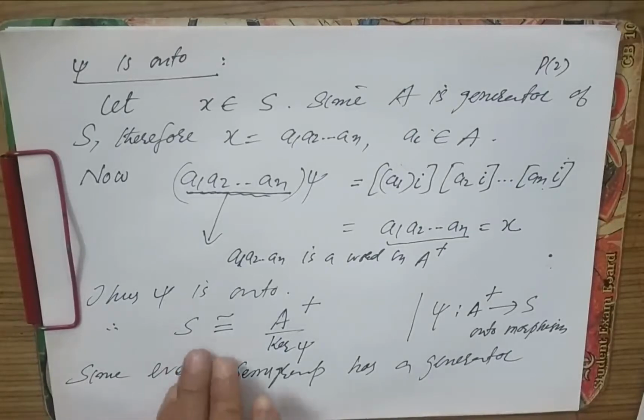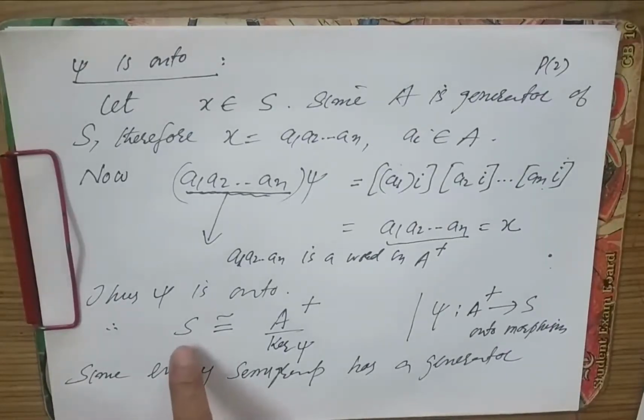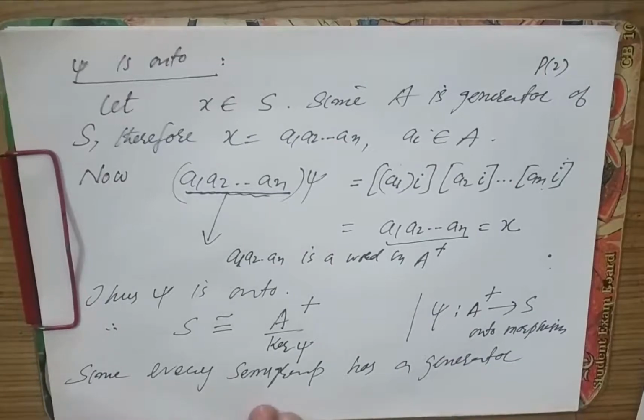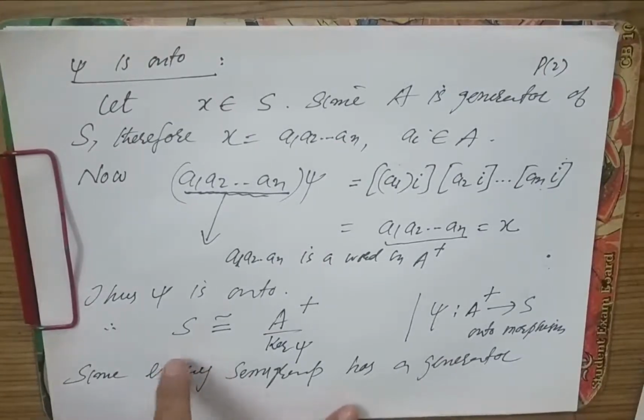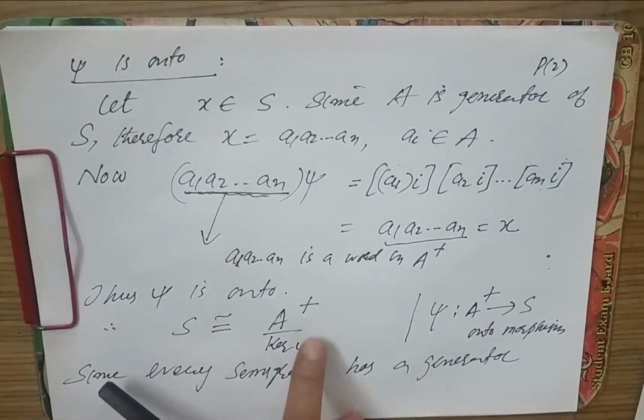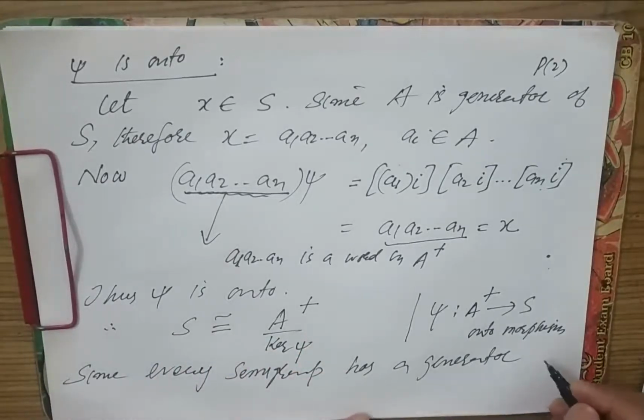You can treat S as a generator of S also, if every proper subset of S is not a generator of S, then S is itself a generator of S. So I can say every semigroup has a generator. Whenever a semigroup has a generator, then the semigroup is isomorphic to some quotient of a free semigroup.